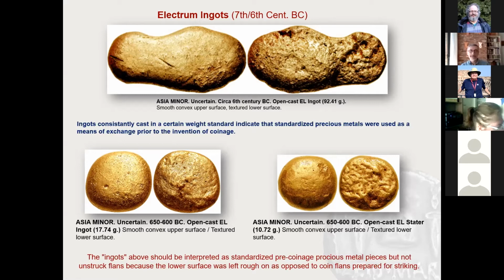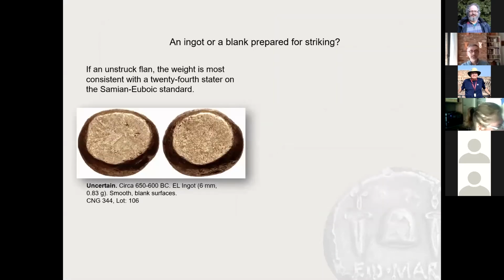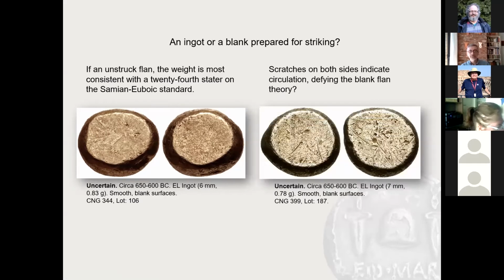So, yeah. Then we come across blanks prepared for striking. If it is an unstruck flan, the weight is most consistent with a 24th stater, as in the example here, we know that it is a flan intended for striking. And you see scratches on both sides, indicating circulation.